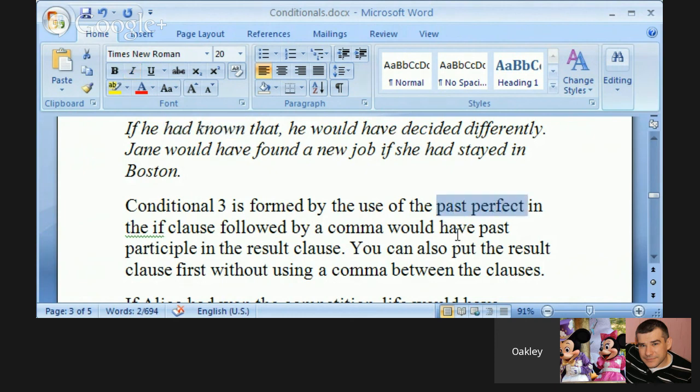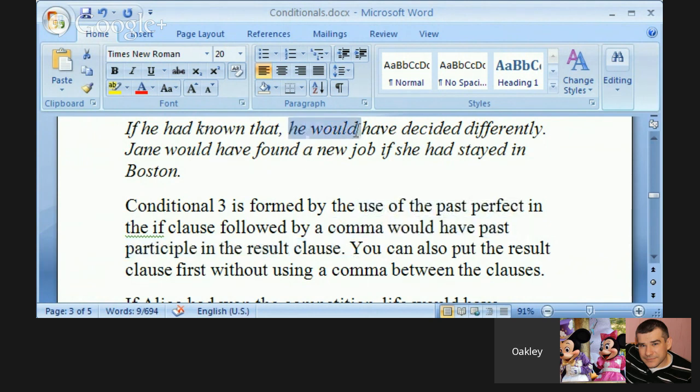Always going to be past perfect in the if clause, followed by a comma if the if clause is first. Okay, it is formed by the use of the past perfect in the if clause, followed by a comma. Would have plus past participle in the result clause.